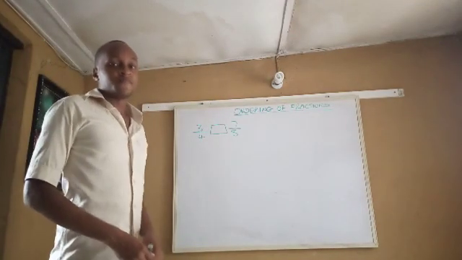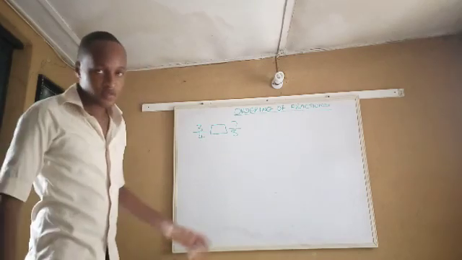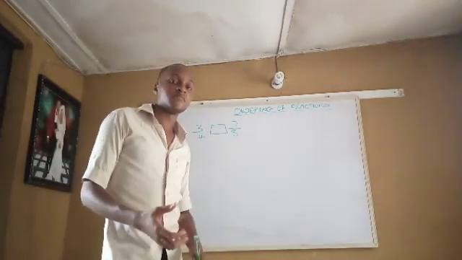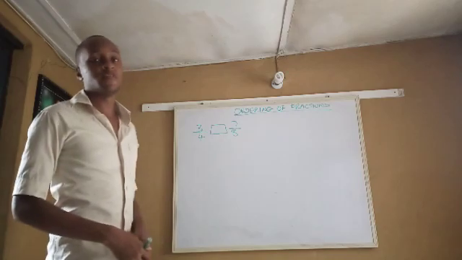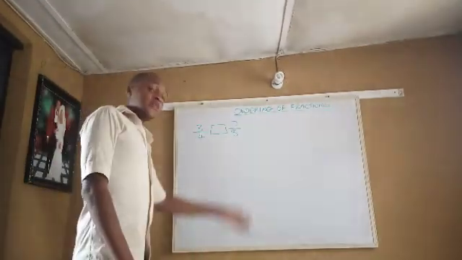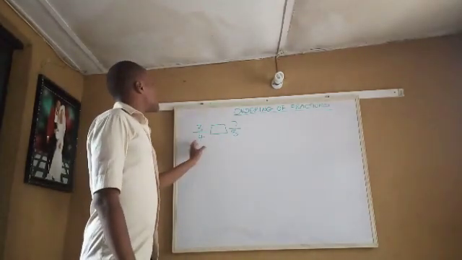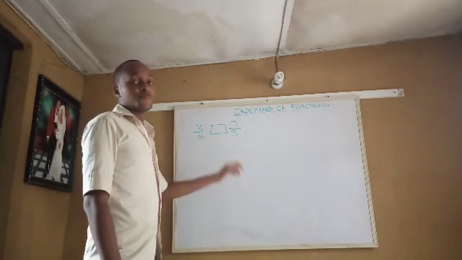Now we are looking at the third step, which is finding the LCM of the denominators to arrive at a common denominator. This is an example here: 3 over 4, 7 over 8. We find the LCM of the denominators 4 and 8.